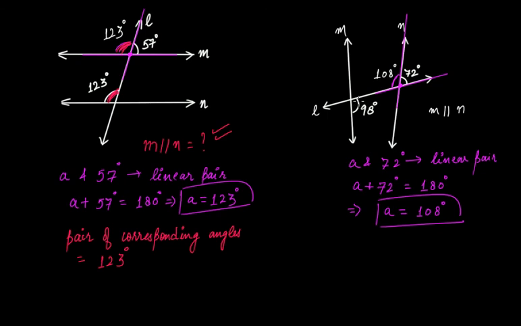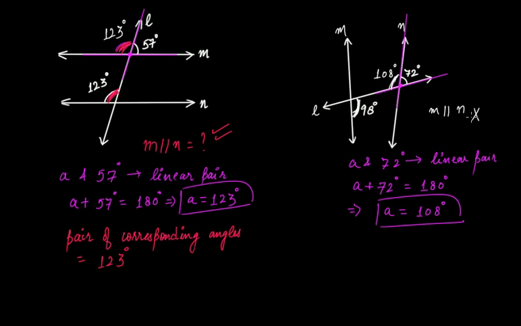Now if you look at this angle and this angle, they are alternate interior angles. And since these two angles are not equal, because one is 98 degrees and another is 108 degrees, we will say that lines M and N are not parallel.